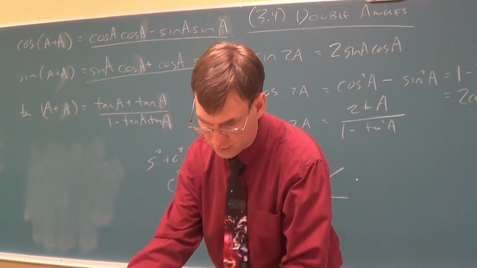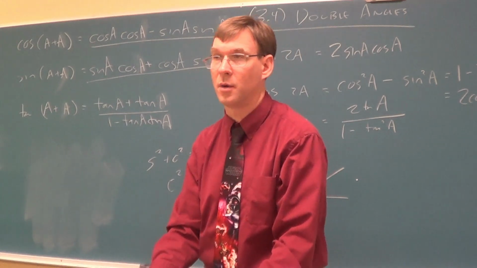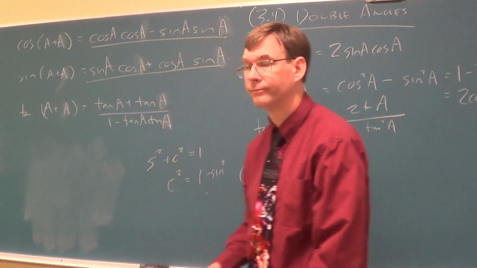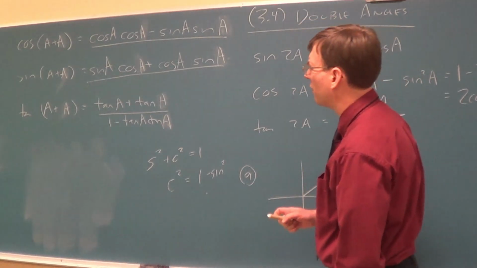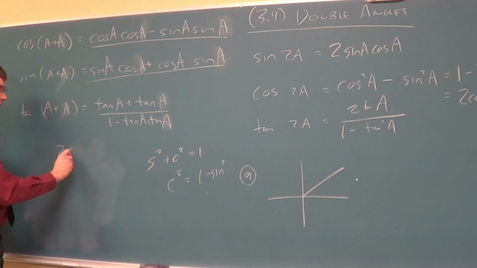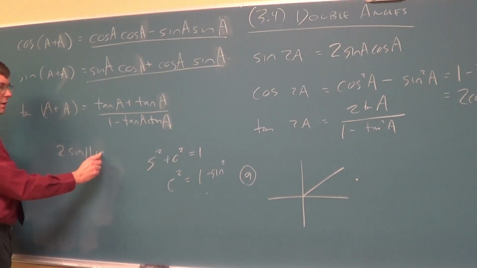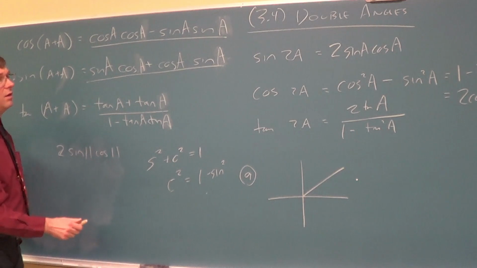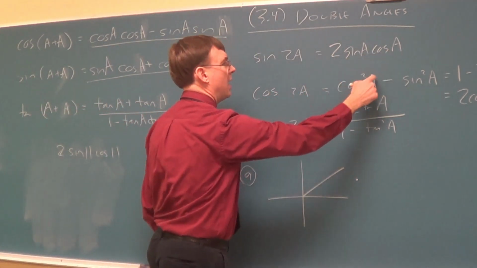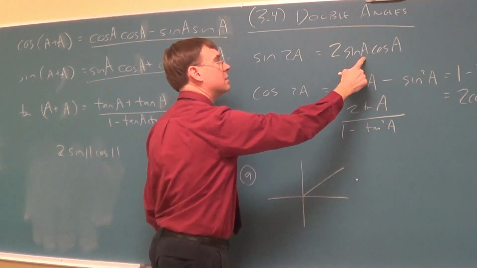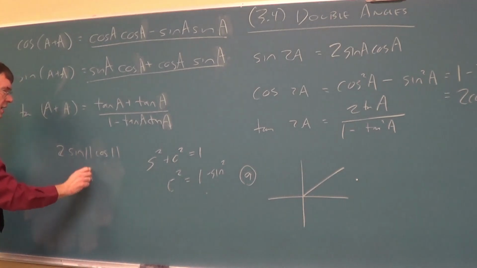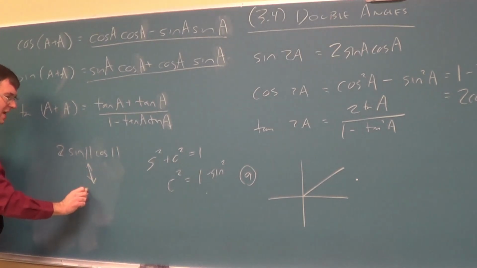Question about the new cluster of properties. So what this could do for you is stuff like, if you had 2 times the sine of 11 times the cosine of 11, it's definitely this property, 2 sine A, cosine A. If these are both 11s, when you step into this world, that could be traded back and forth for just having sine.